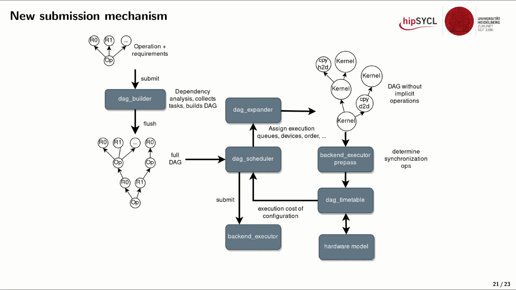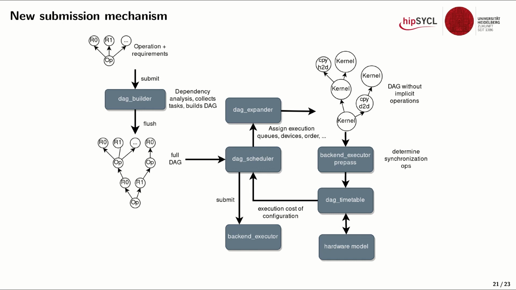So the SYCL interface submits an operation together with its requirements, for example a kernel with some accessors, and this then gets processed by the DAG builder, which collects these operations and checks if there are any conflicts in the requirements. And if there are conflicts, then it has to order the operations.